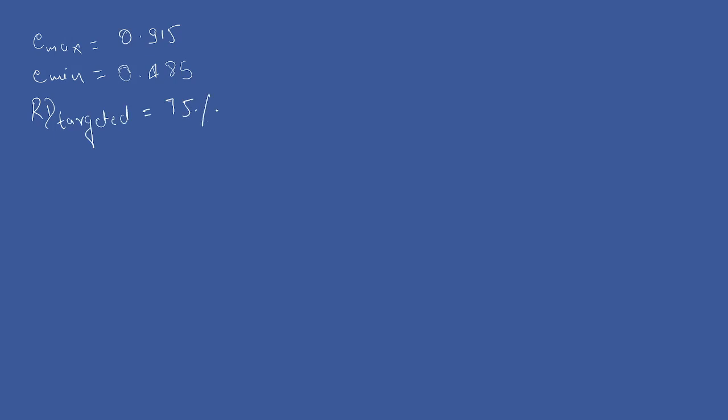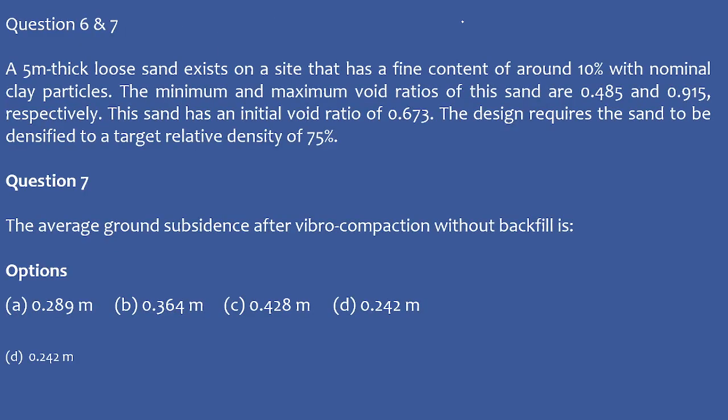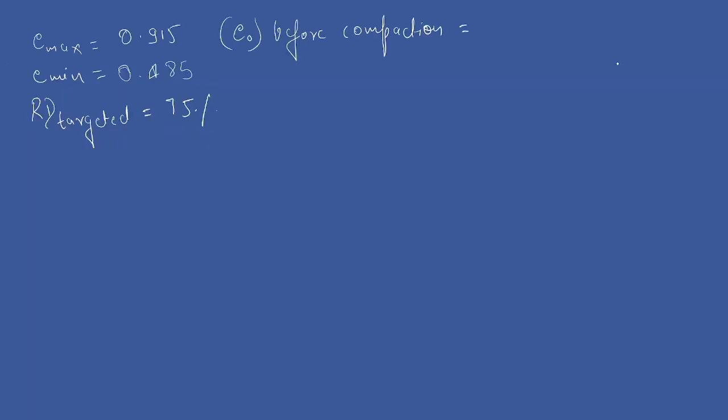The initial void ratio before compaction is 0.673.